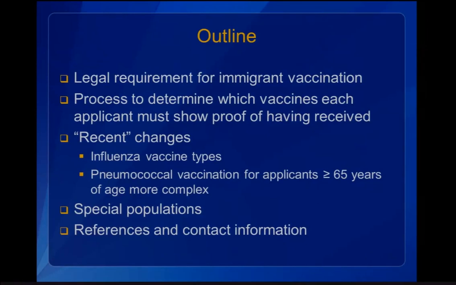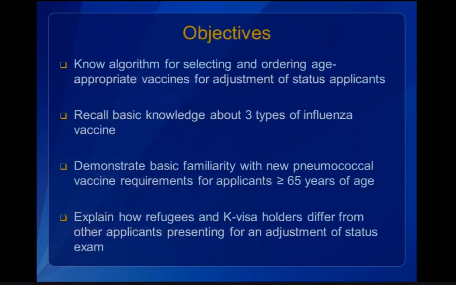Pneumococcal vaccination for applicants 65 years and older has become more complex, and that first was included in the ACIP schedules in 2015 and actually has become a little bit easier in 2016. We'll talk about special populations like refugees and K-visa applicants, and then again give you the references and contact information. And hopefully you'll know the algorithm to go through for selecting and ordering age-appropriate vaccines, and hopefully you already know this, but it'll just be a review for you.